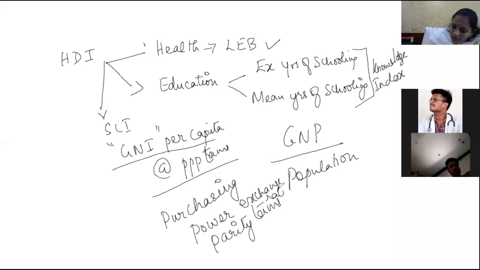What is this exchange rate? I am not getting into it right now. We are going to learn this when we talk about the external sector. When we talk about the external sector, I'll come back to this in the second session, make you recall this part and then connect.